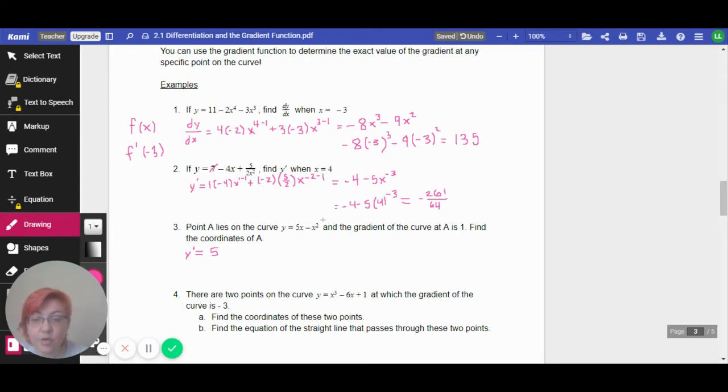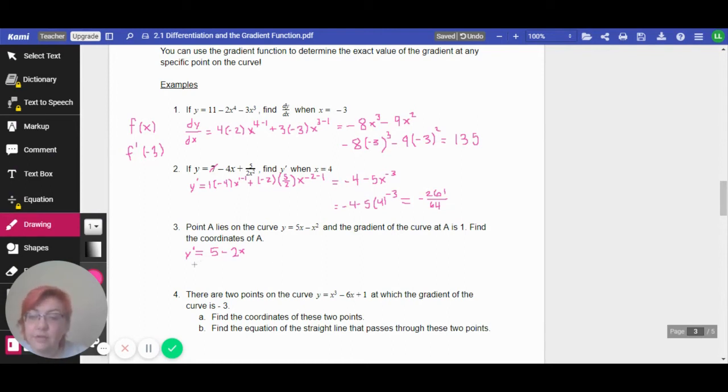My a is negative 1, my n is 2. 2 times negative 1 is negative 2. X to the 2 minus 1 is 1. So here is my gradient function. Now I'm going to set that equal to 1.